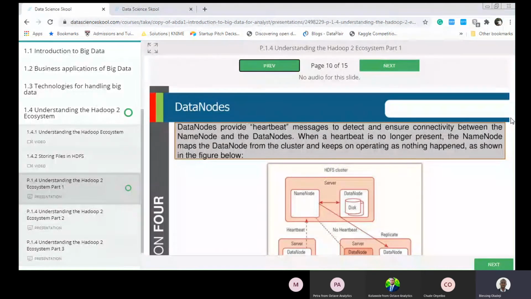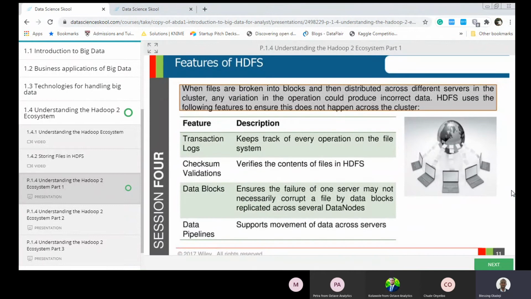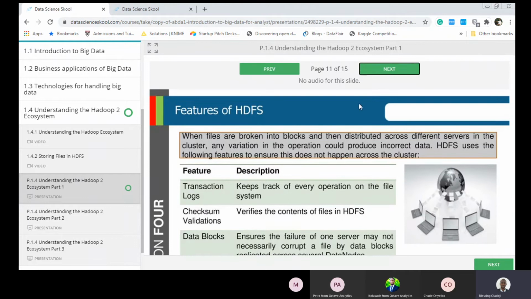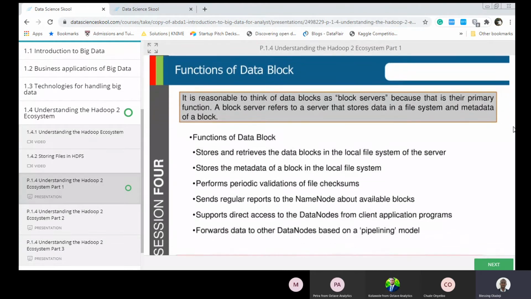So it is something that is simple, but a complex combination of multiple hierarchies. Then there is pipelining. HDFS also supports the movement of data across all the different components.